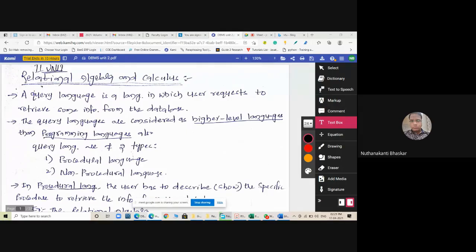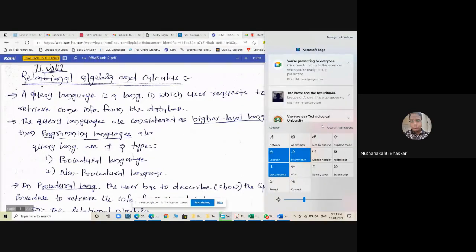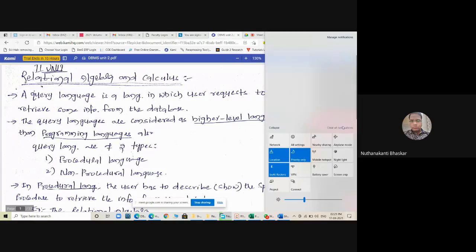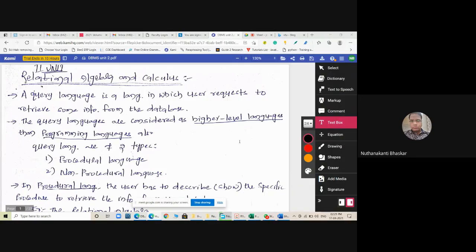I told you this morning that SQL queries are very important for designing a database. Is that correct? Yes. For the implementation of SQL queries, and before SQL queries, initially there are relational algebra and relational calculus mechanisms.